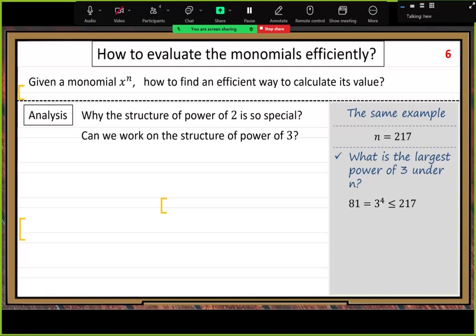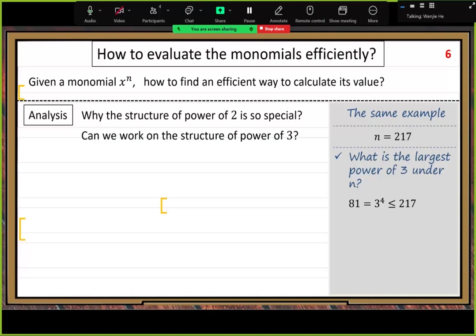In what sense is 3 different from 2? For the 2 case, you represent a decimal integer as a binary representation. For the 3 case, you need to represent it as a ternary representation, not binary. Base 3 representation.